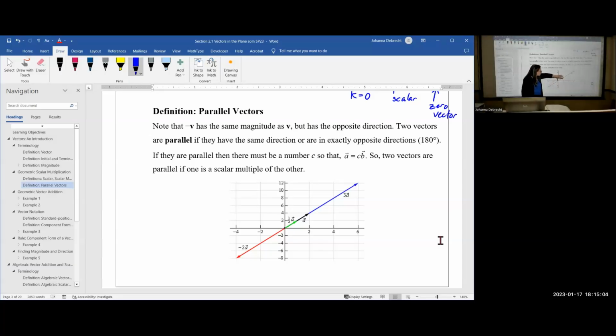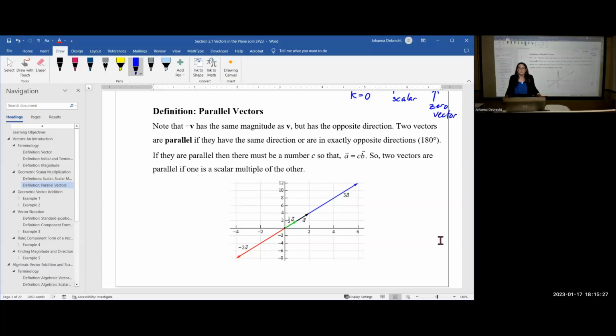So in this particular picture, going from the origin to 2, 4 is the black vector A. And then you can see in green coming out to 1, 2 is half of A. The green points in the same direction as the black, but it's literally half as long.